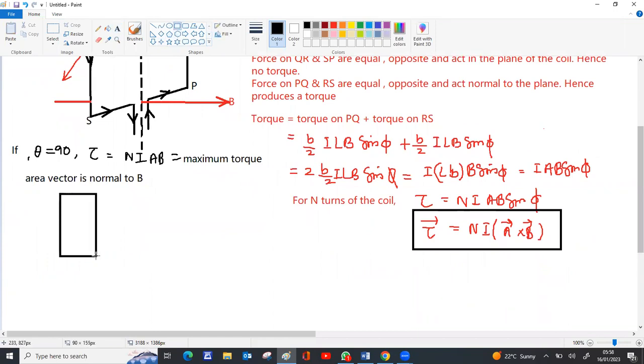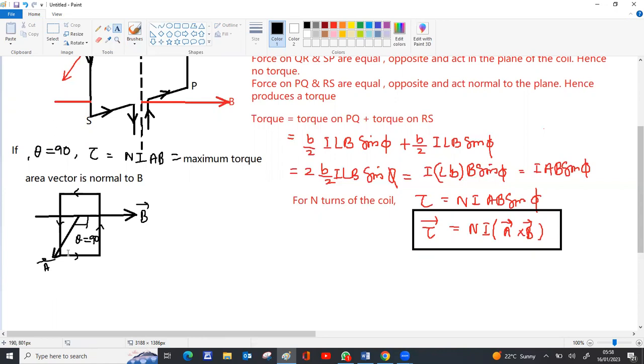This is the point. Current is flowing this particular way. The area vector will be out of the screen, if the magnetic field is towards the right. And this angle will be 90 degrees. That's the maximum point.